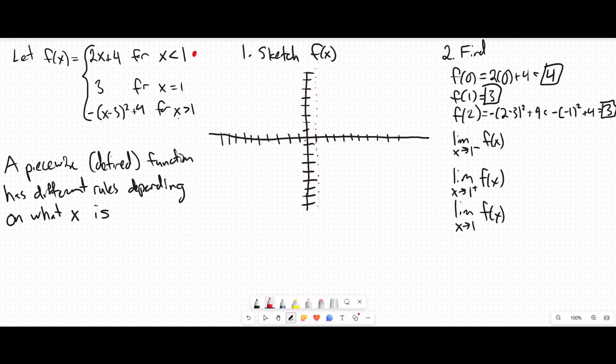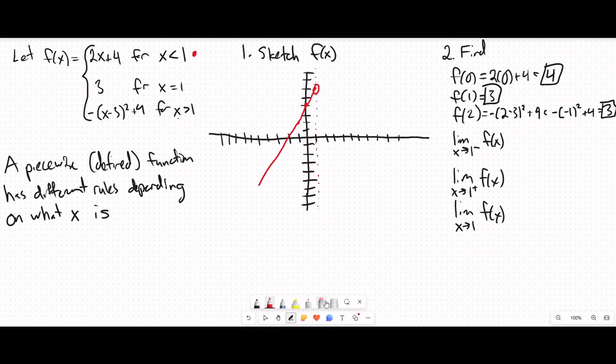We're going to have the line 2x plus 4. That's a line in slope-intercept form, so I know it has a y-intercept of 4, and it has a slope of 2. So we can go down to the left one, up to the right one, and we'll get this line right there. But there's a slight caveat, which is that the function doesn't actually touch this point here, because when x equals 1 exactly, we have a different definition.